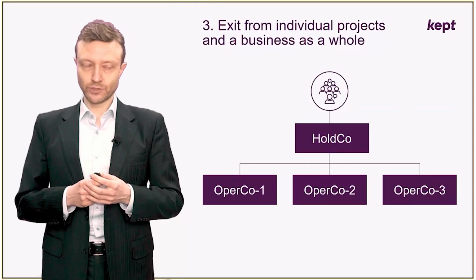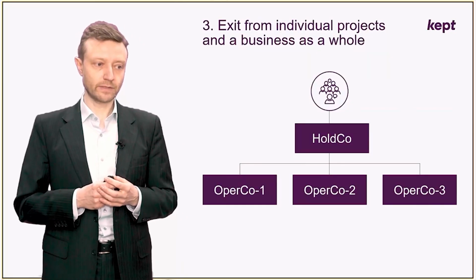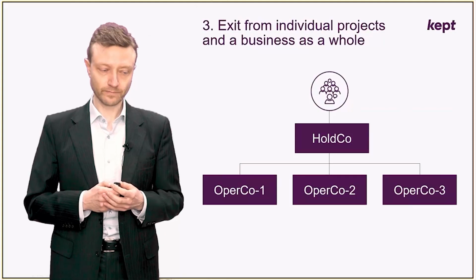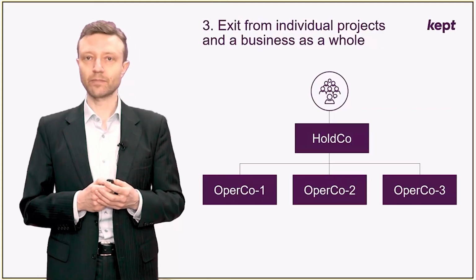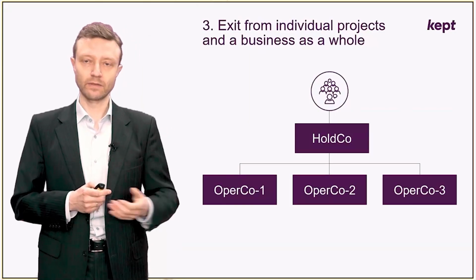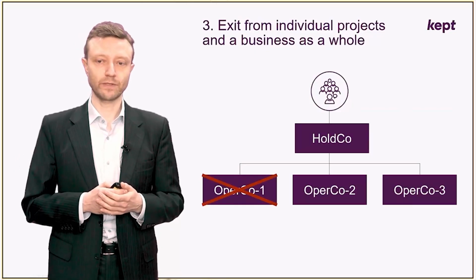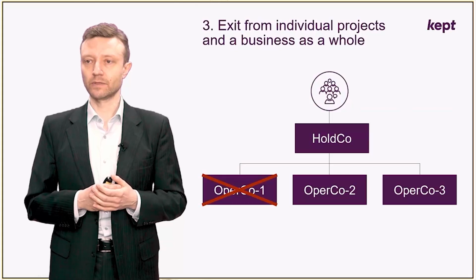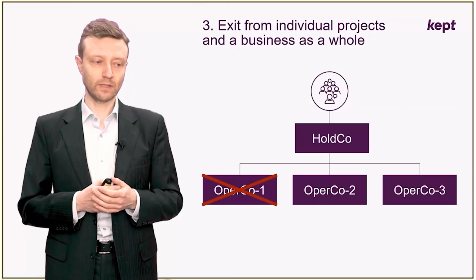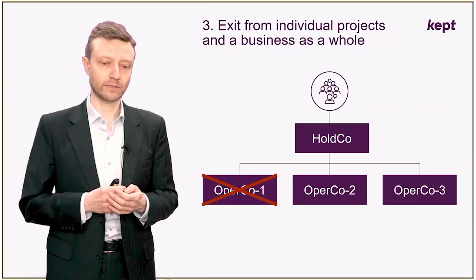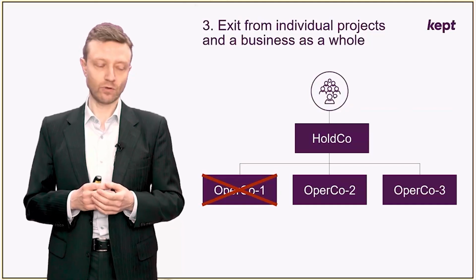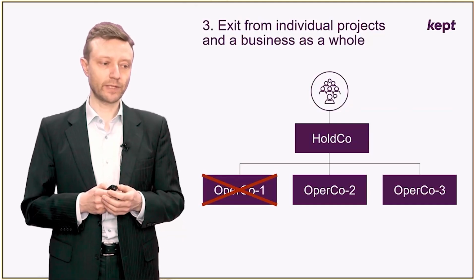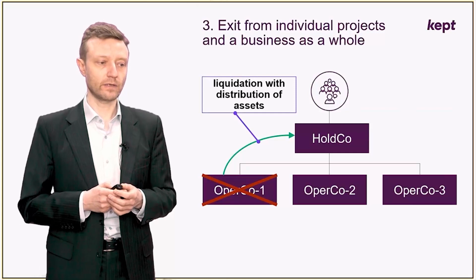Exit from individual projects and a business as a whole. Again, for example, the operating company 1 in the structure that we are considering may finish its project and may need to be liquidated because its project is now over. In which case, liquidation proceeds are distributed.